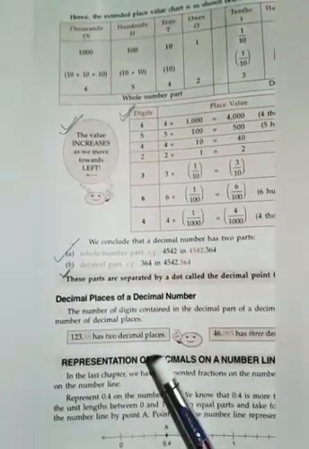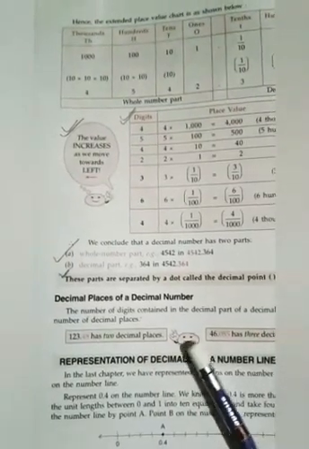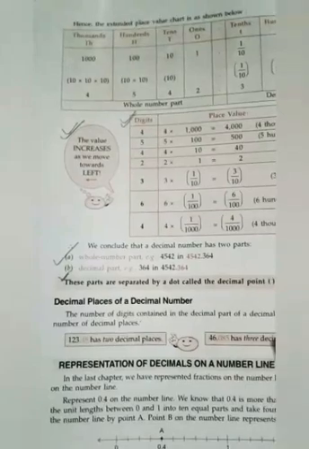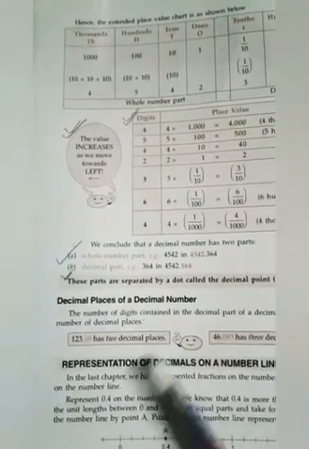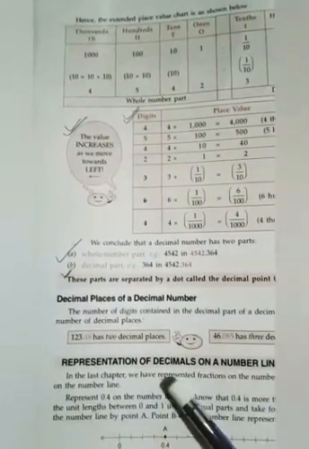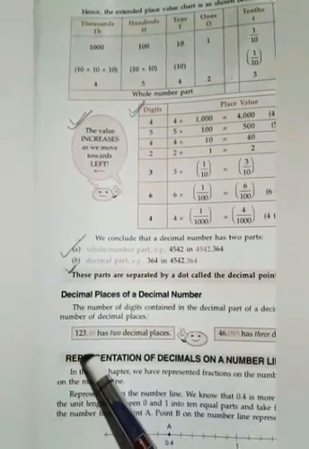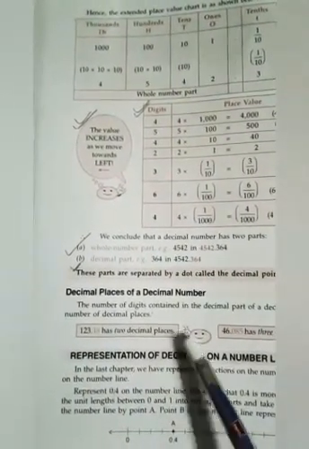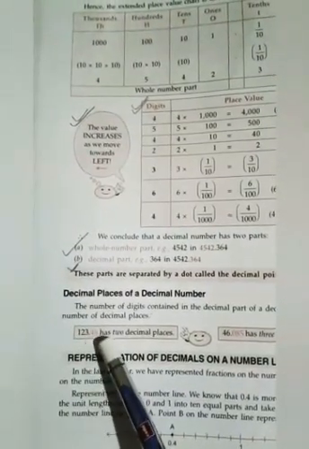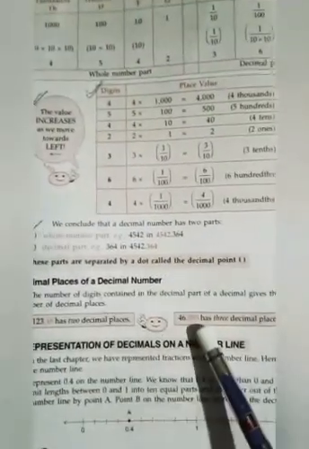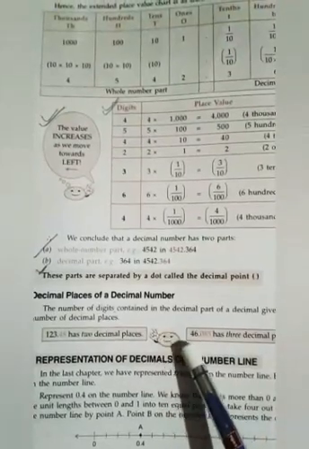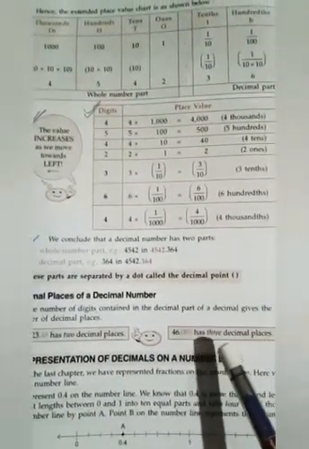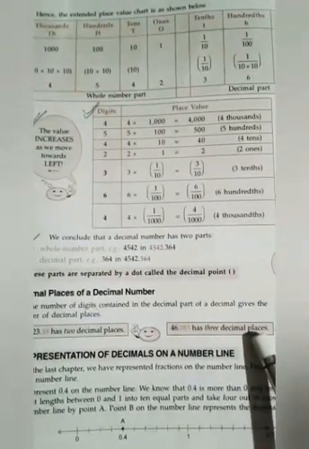The number of digits contained in the decimal part of a decimal gives the number of decimal places. For example, 123.48 has two decimal places, means 48, 1 and 2, two decimal places. But here you see 46.085 has three decimal places.